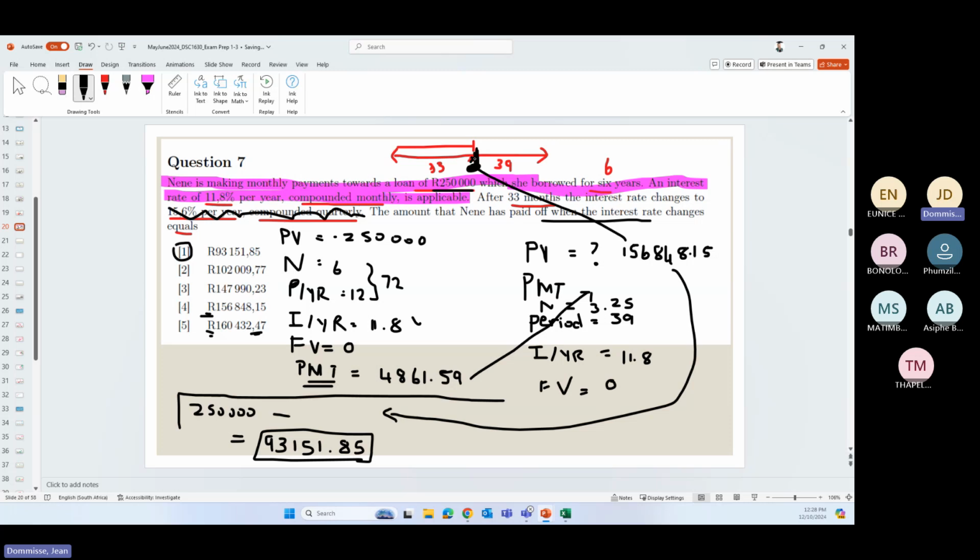It just makes it a bit easier to look at. Okay, so that was question 7. Now we're moving more into the area of study unit 3, 4 with a compound. So the answer is 93,151.85. Spot on.